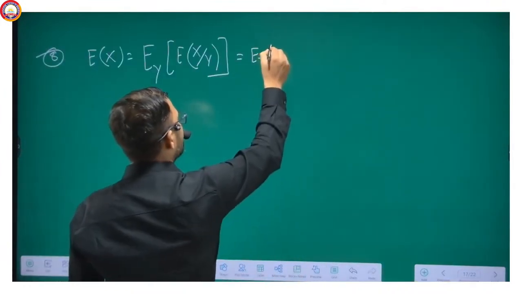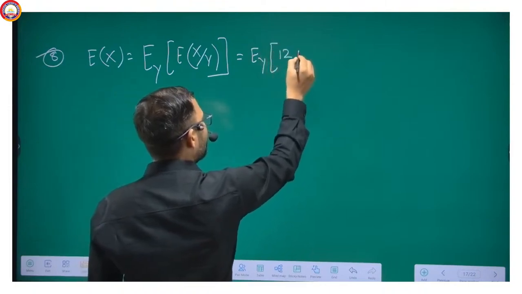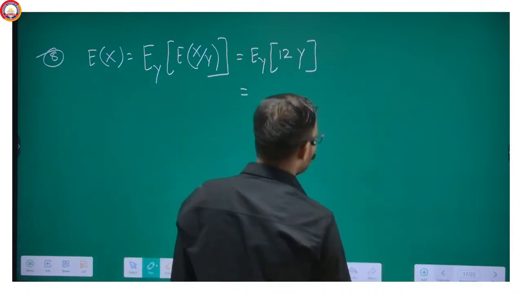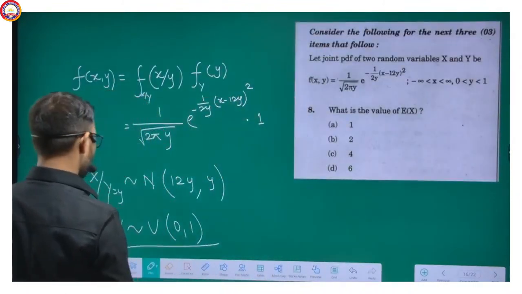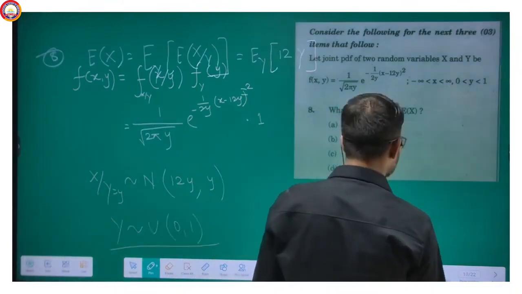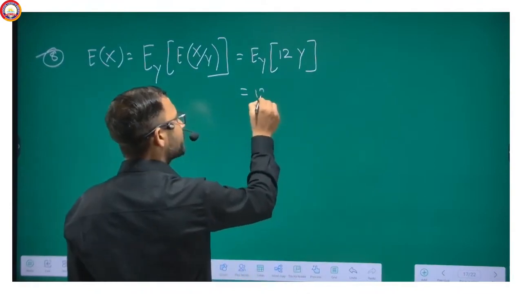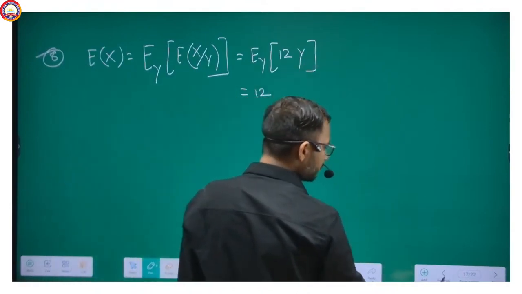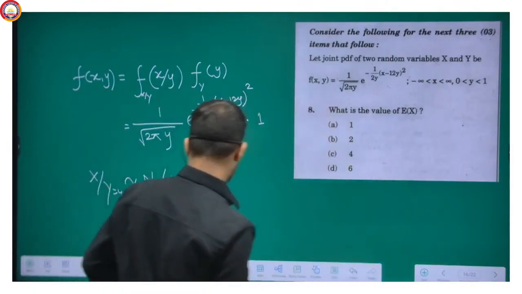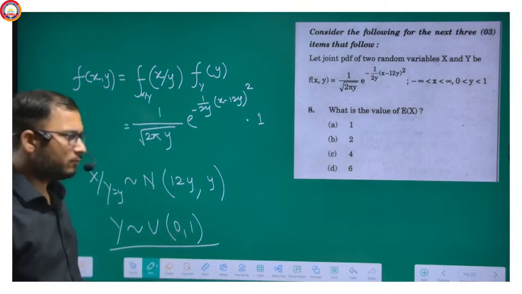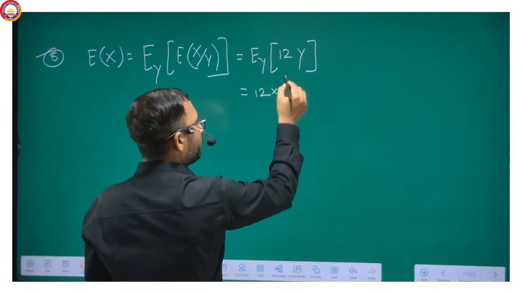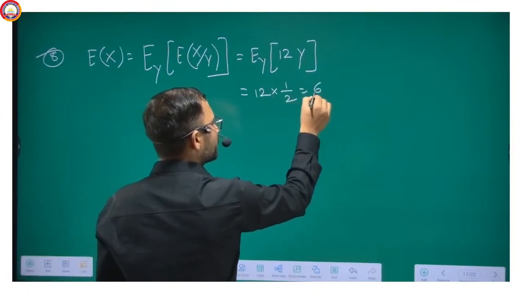Now check here, 12 will be outside and the expectation of y is, since y is uniform 0 1, 1 by 2, that's the answer. Expectation of y is 1 by 2, so this is 6, answer.